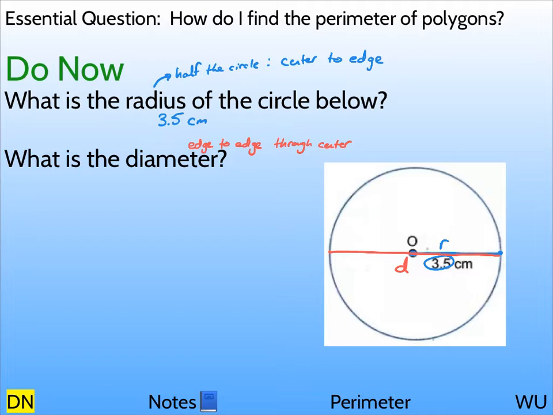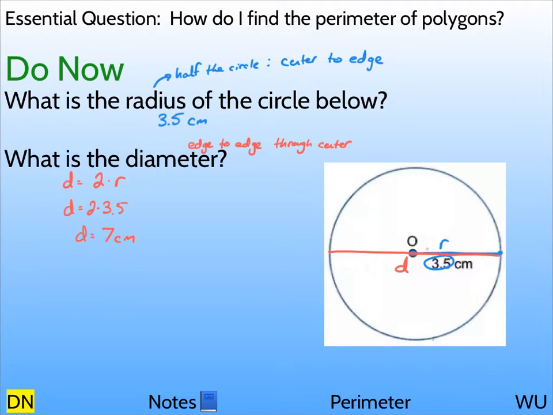That's the diameter. And remember, the diameter always equals 2 times whatever the radius is. So in our case, the radius was 3.5, so the diameter is 2 times 3.5. Diameter is 7 centimeters.